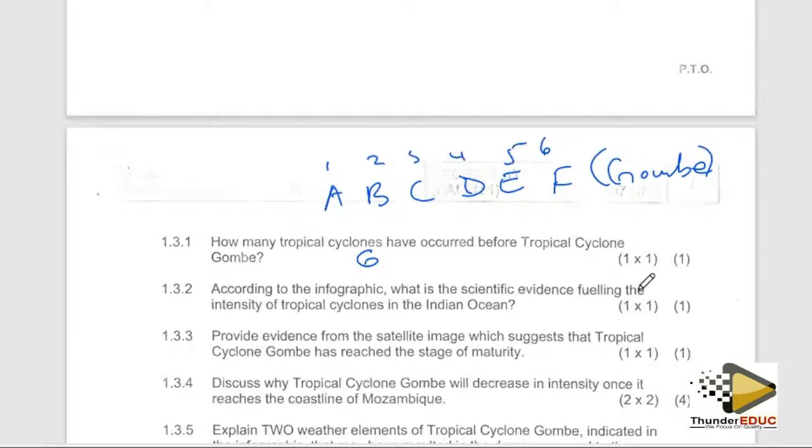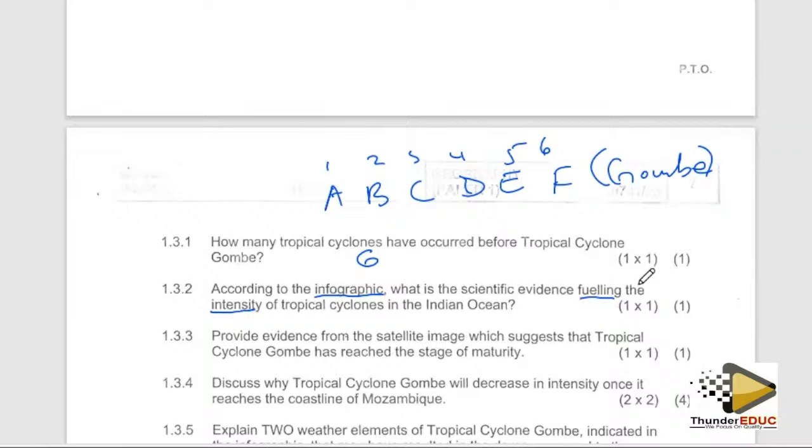Number 1.3.2, according to the infographic, what is the scientific evidence fueling intensity of tropical cyclones in the Indian Ocean? Remember, the question is telling us to refer to the infographic to find out what is fueling the intensity, the strength of the cyclone in the Indian Ocean.